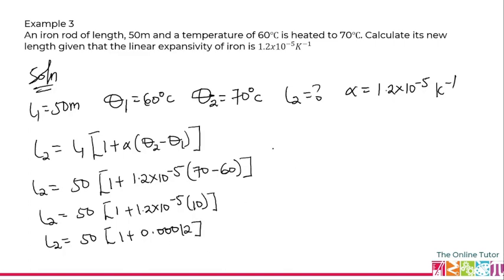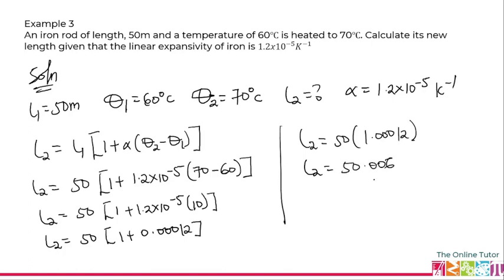So if we add these, we are going to have our L2 equal to 50 multiplied by 1.00012. If we multiply these, we are going to get 50.006 as our final answer. So it means the new length of this iron rod after the temperature rose from 60 degrees Celsius to 70 degrees Celsius is 50.006 meters.